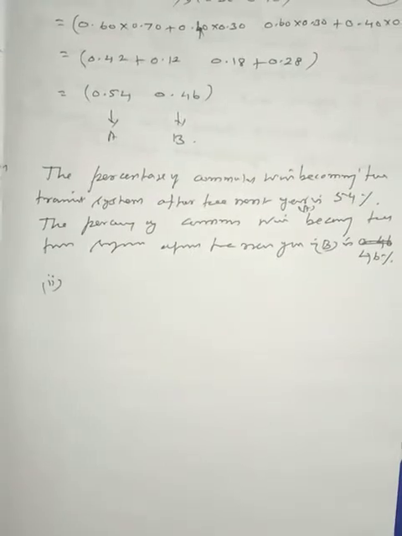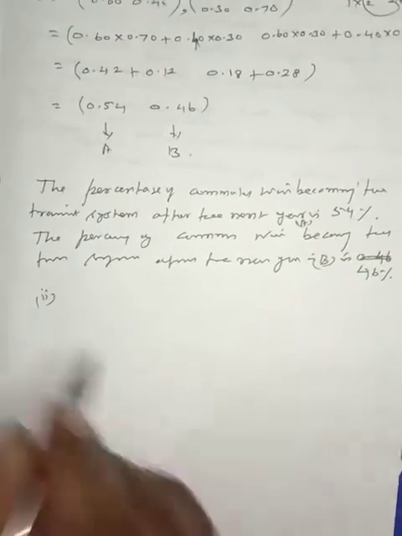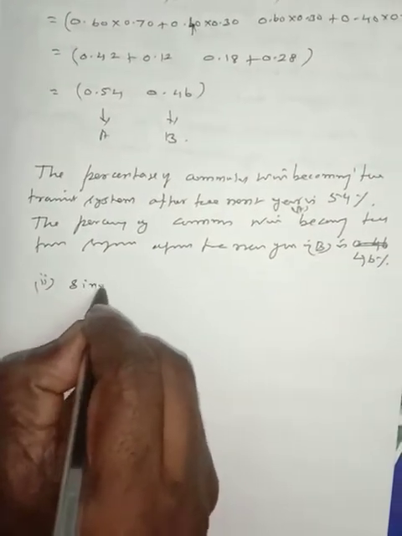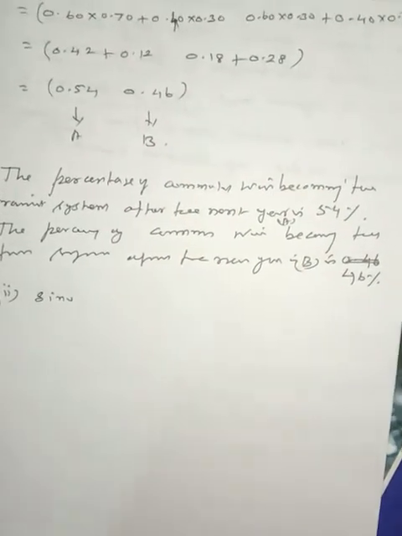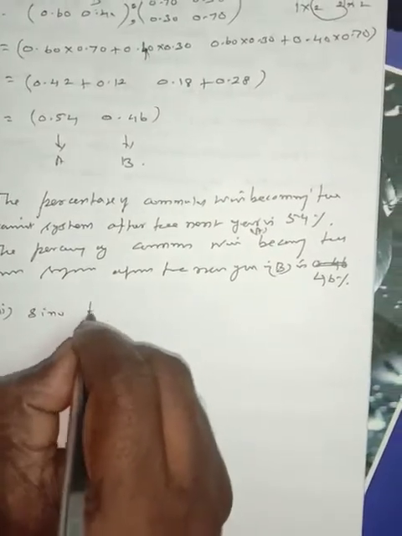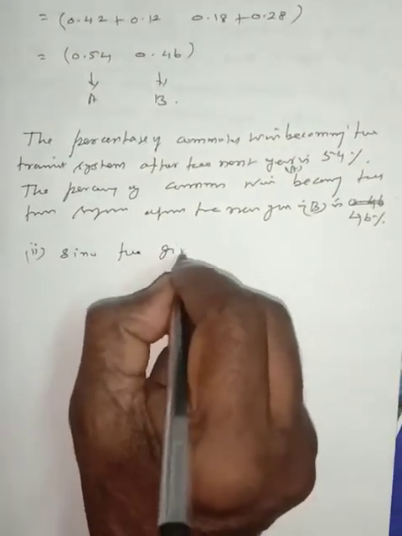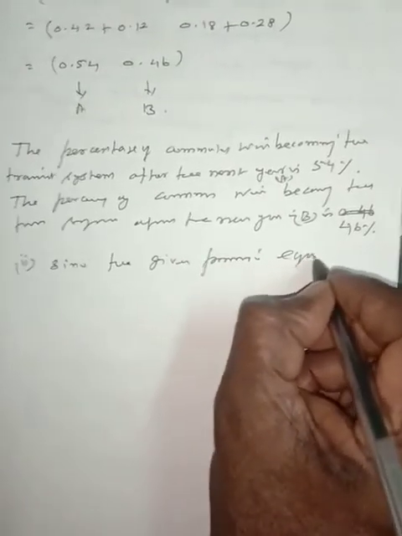Okay, subdivision number 2. Since the given problem is equilibrium, 60 plus 40 is 100.